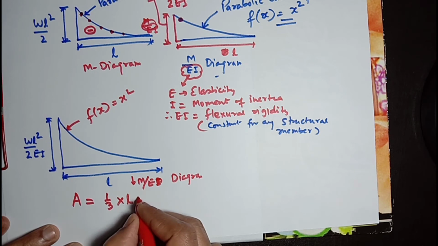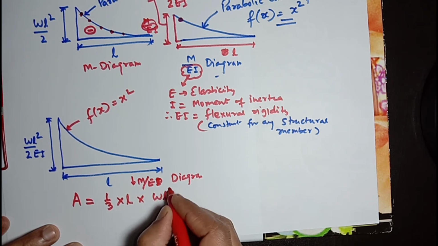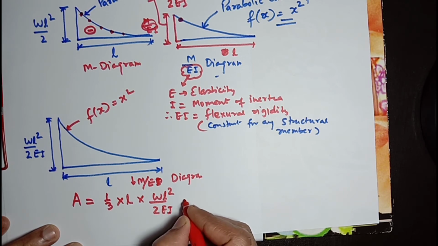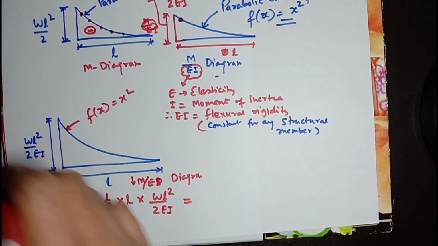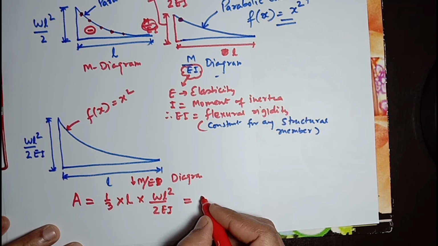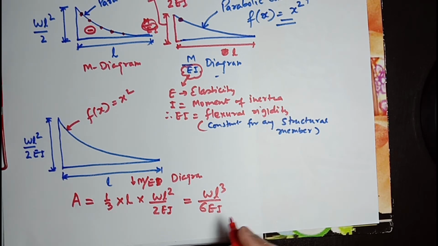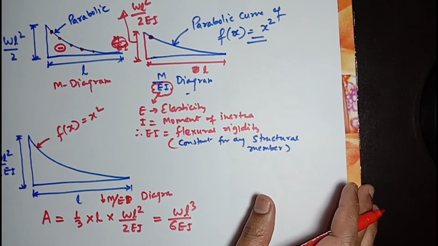Length is L, multiplied by WL square divided by twice EI. So its value will be WL cube divided by 6 EI. This is the area of this M over EI diagram.